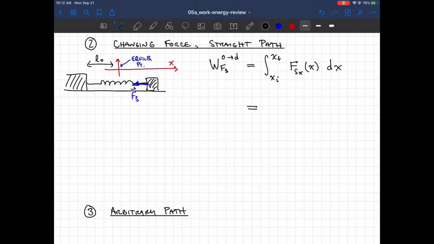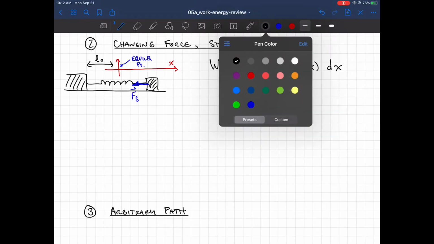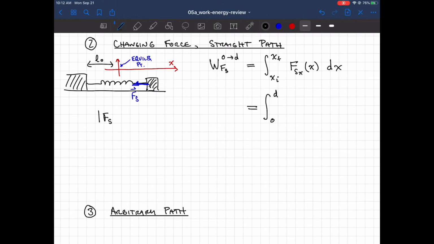So what is that thing? Well, let's plug in for what we have. We're interested in going from initial x of 0 to final x of d, so let's plug that in. Remember what our spring force looks like. The magnitude of the spring force is equal to k times the absolute value of x, and the x component of the spring force, for positive x values, points in the negative x direction, so we write that as minus kx.